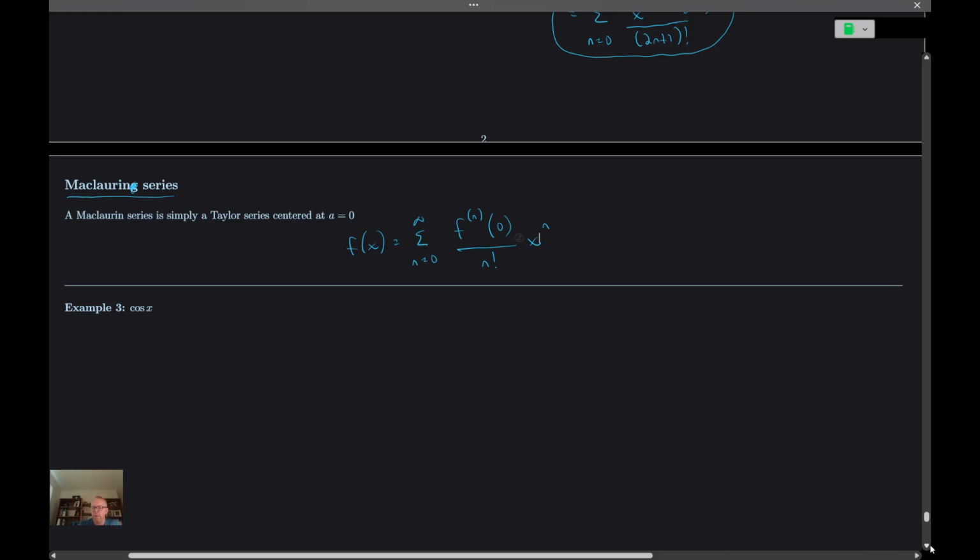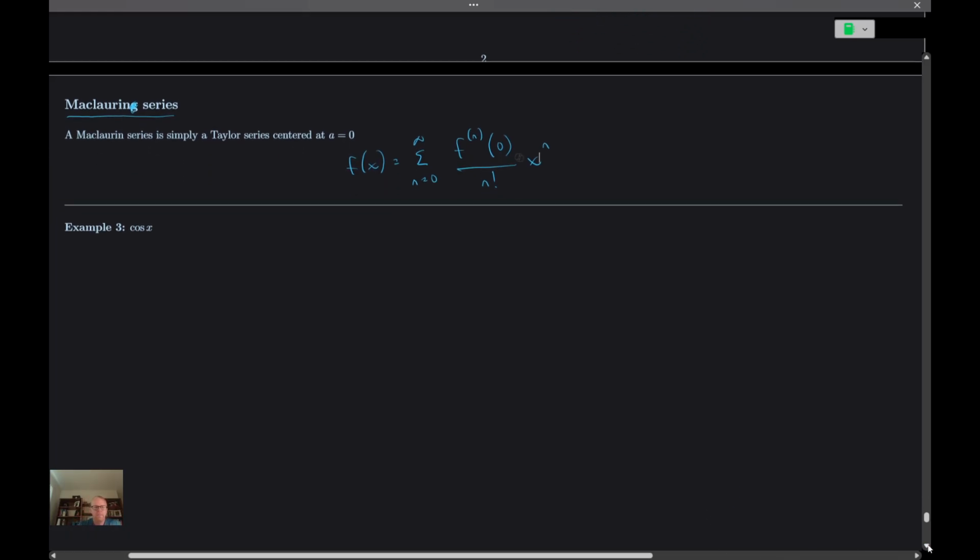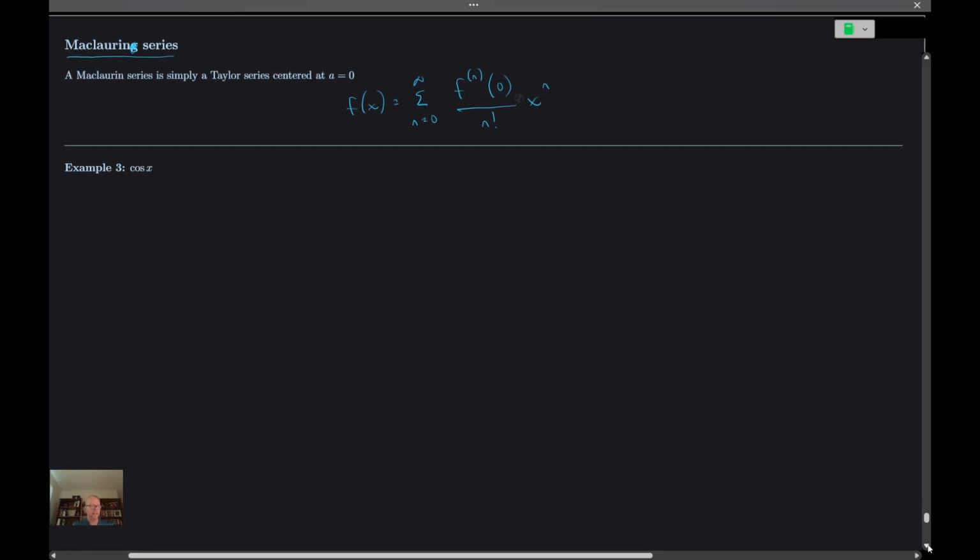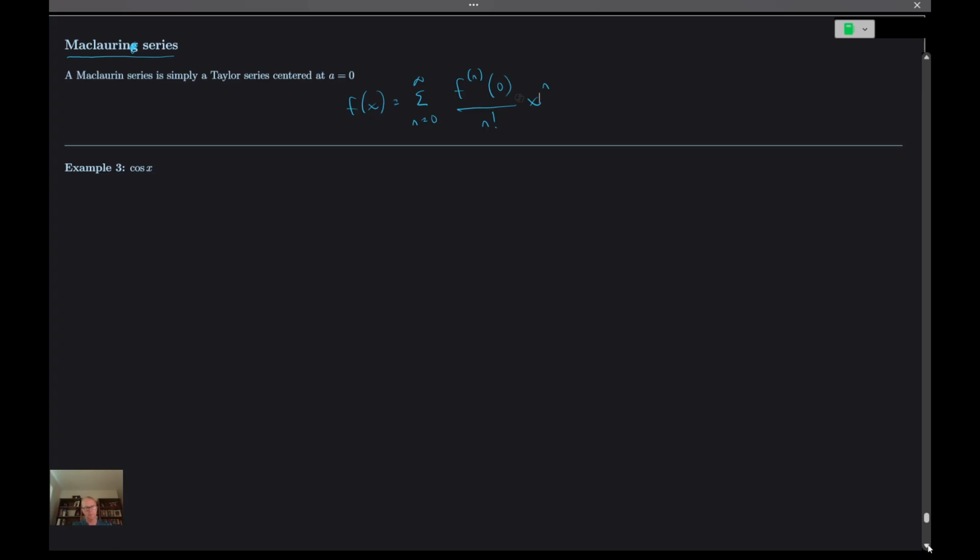All right, so let's look at cosine. And again, you need to know the formula, but the other big skill that you need to be good at is recognizing these patterns and being able to write the pattern into an infinite sum like this. So let's write out our derivatives. First derivative is negative sine, second derivative is negative cosine, third derivative will be sine, and then we're back up to cosine.